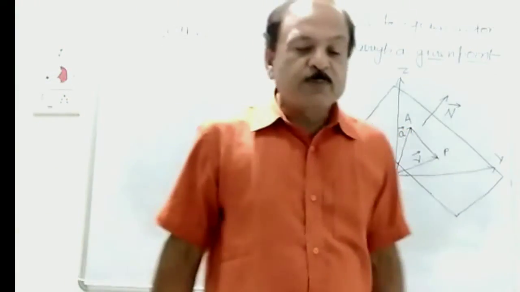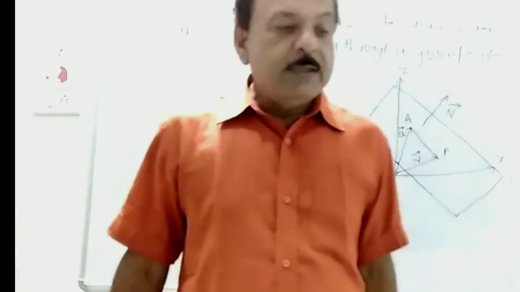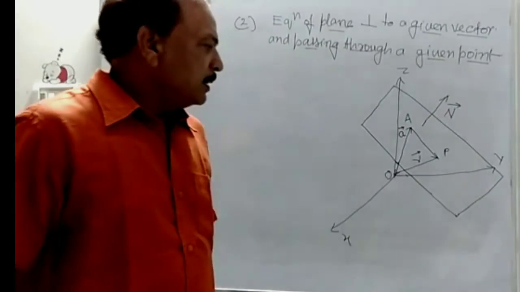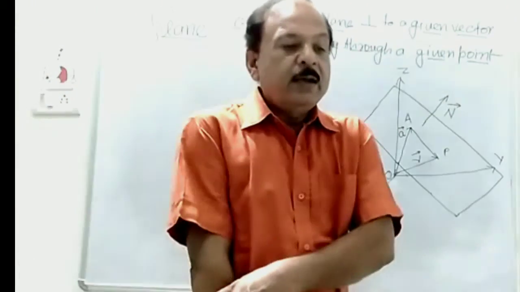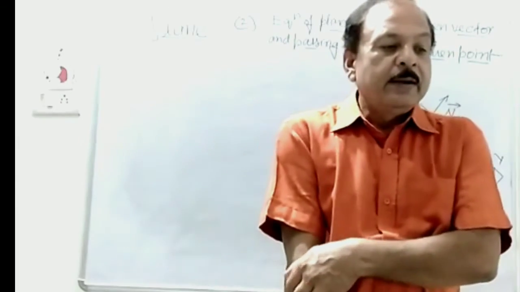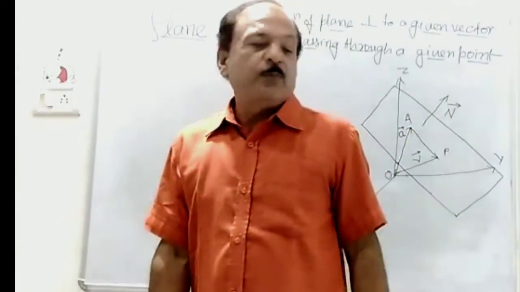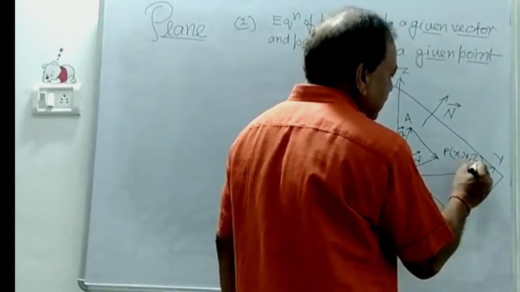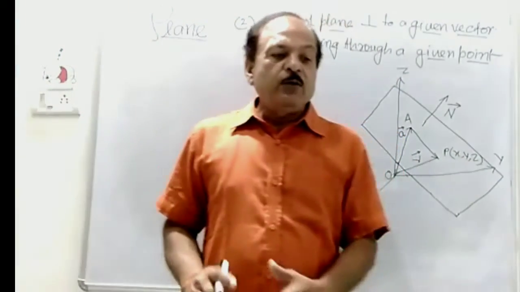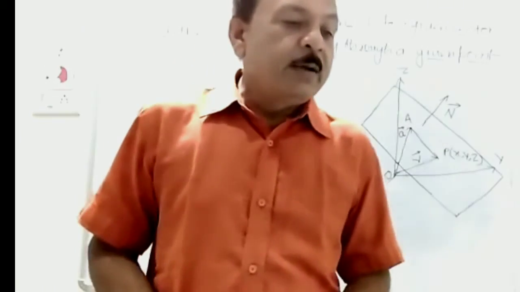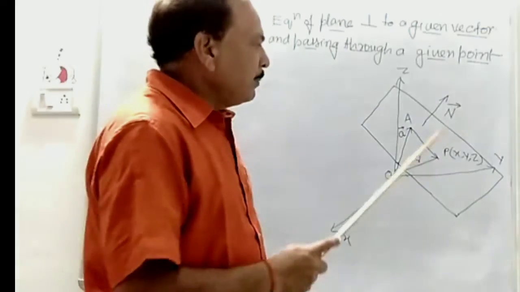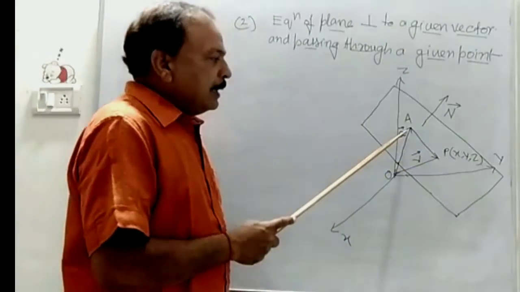Point P is given with position vector r. So then you find the equation of the plane. We want to find the equation of the plane, and the normal to the plane is given. So this normal to the plane is given, and vector A.